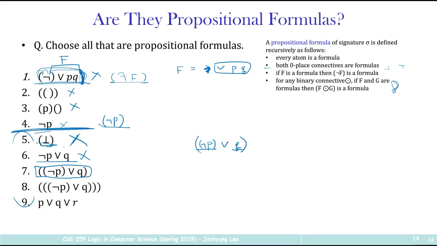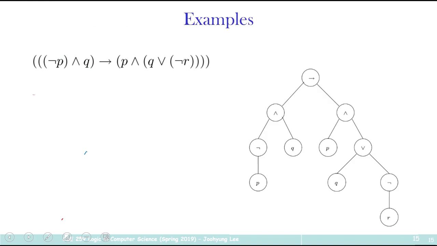I told you what is easier to do: to show that this is a formula, we just need to apply the rules. What about 8? 8 is not a formula because it has unnecessary parentheses.